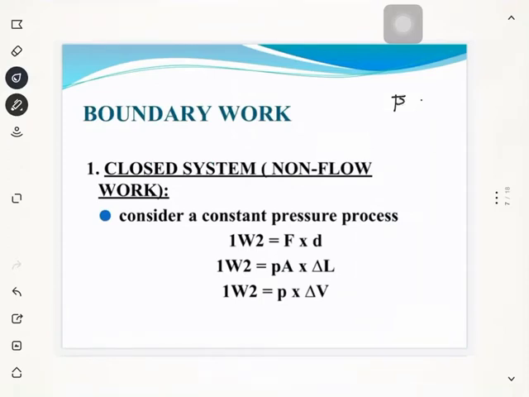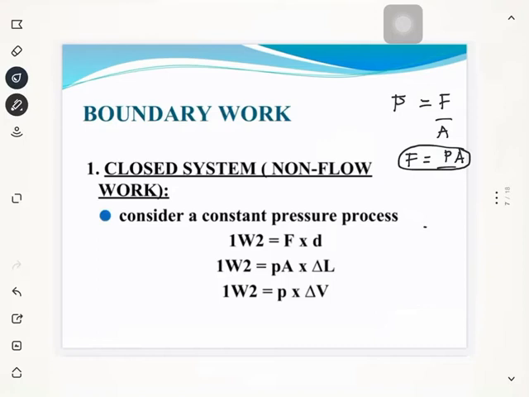Since pressure is force over area, the force is pressure times A. So we have pressure times A times delta L, the displacement.